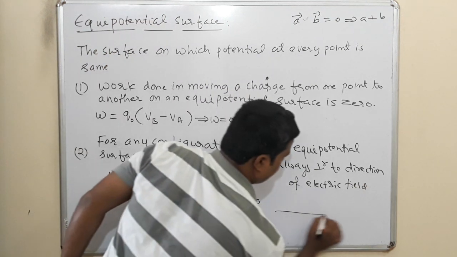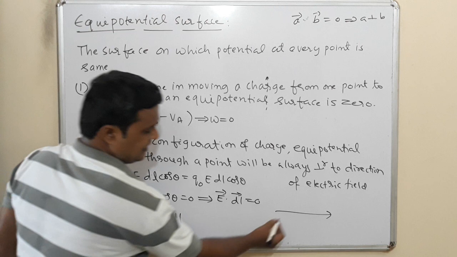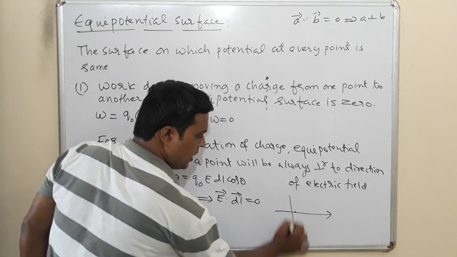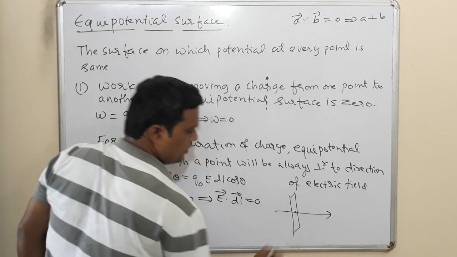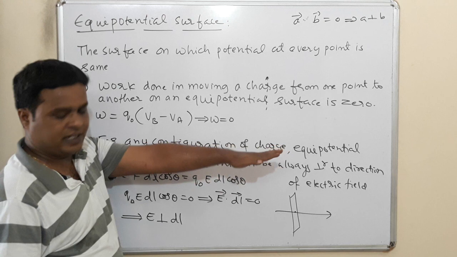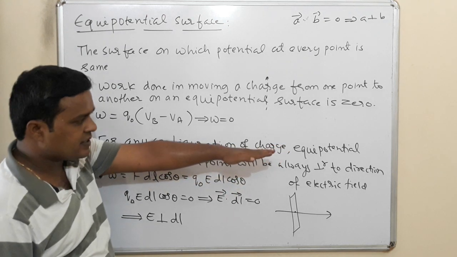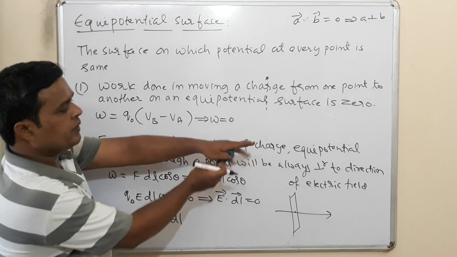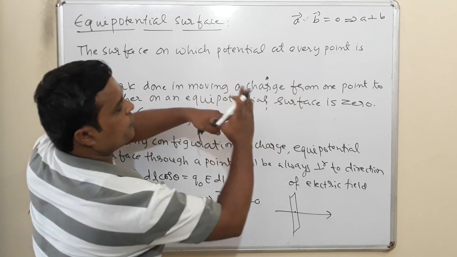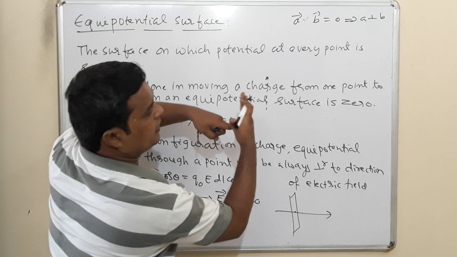Suppose this is the direction of the electric field, and I want to draw the equipotential surface through this point. That means I want to draw a surface passing through these points. If this is the direction of the electric field, then the equipotential surface must be perpendicular to it, through any point.